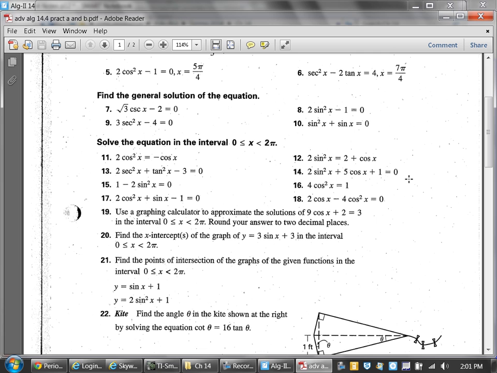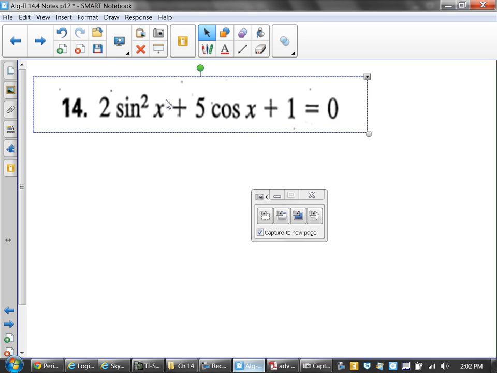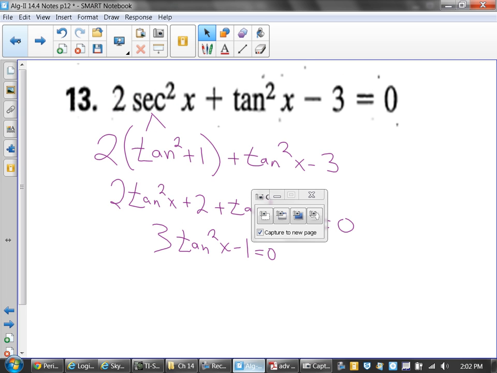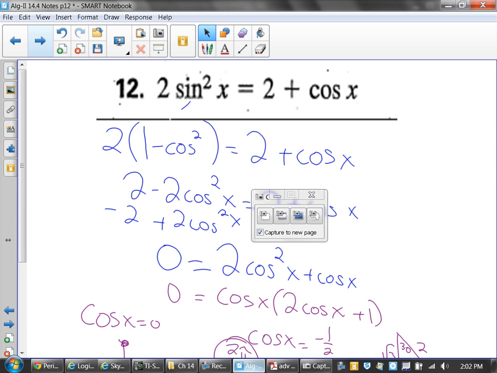Now, yesterday when we talked about these style problems, my suggestion was that whenever you have trig functions written in terms of two different ones, like on number 12, you always want to write it in terms of the lesser degree.